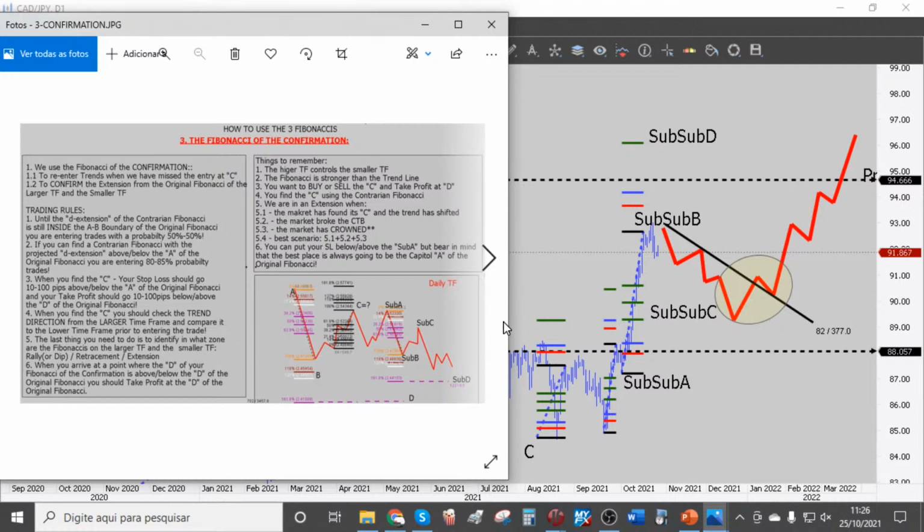When you arrive at the point where the capital D of your Fibonacci of the confirmation is above the capital D of the original Fibonacci, you should profit take at the capital D of the original Fibonacci.